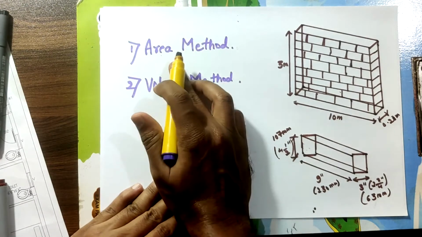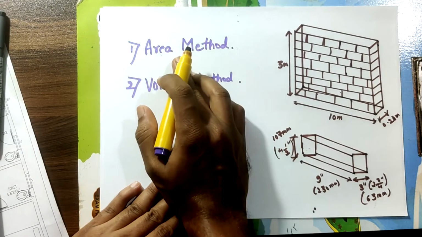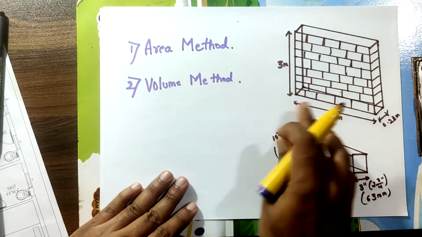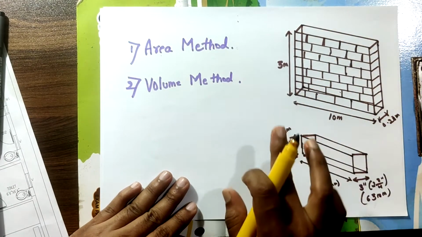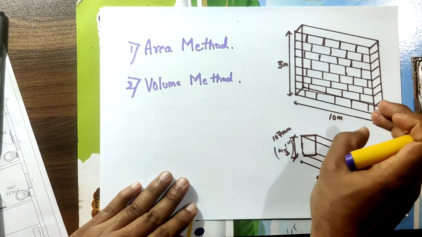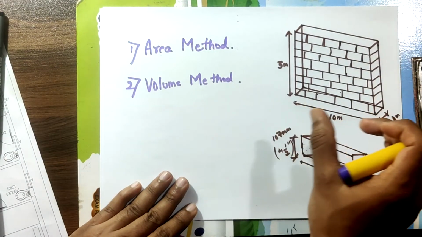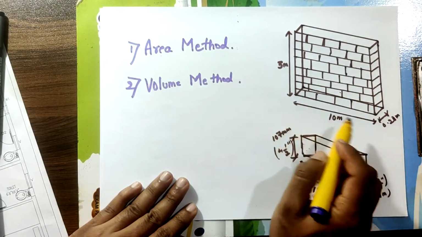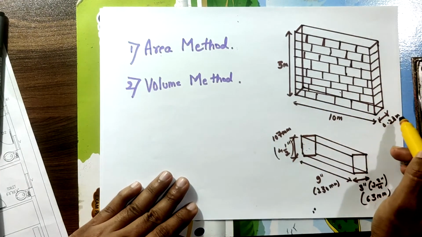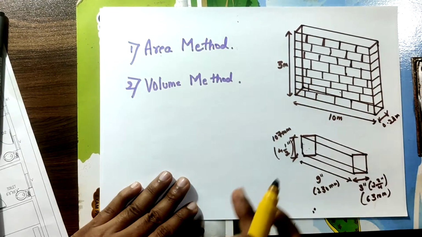Let me explain what the area method and volume method are in simple terms. The area method is where you are only dealing with the area of the wall, and the volume method is where you are considering all three dimensions of the wall, height, length and thickness. This is a brief explanation of the area method and volume method.